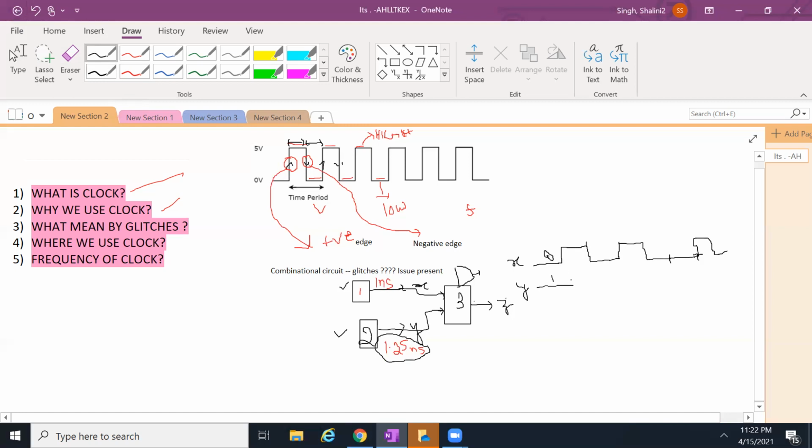Suppose 1 is coming initially in Y, so it continues for 1.2 nanosecond. After that its value changes to 0, continues for 1.2 nanosecond, then changes again, continues for 1.2 nanosecond, and changes again. Like that it happens. So we have the waveform for X and Y.